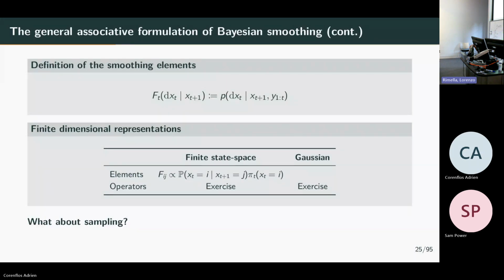The sampling case is actually fairly easy.